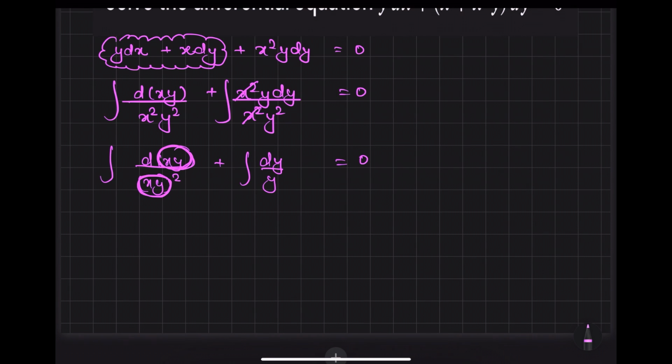So x power minus 2 plus 1 will become x power minus 1 by minus 1, and then here we will have log y, and then integration constant c. You can write down the first thing, and I will send this to that side. So we will have 1 by xy is equal to log y plus c.